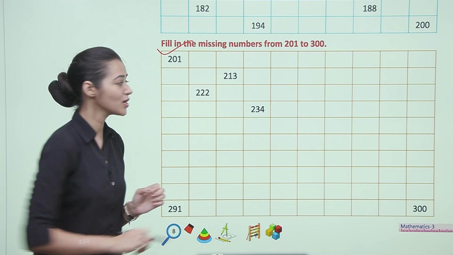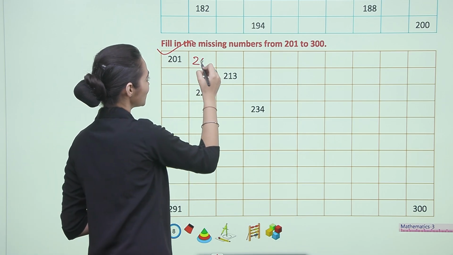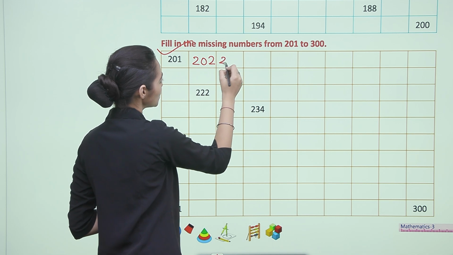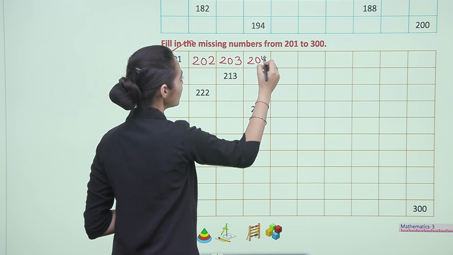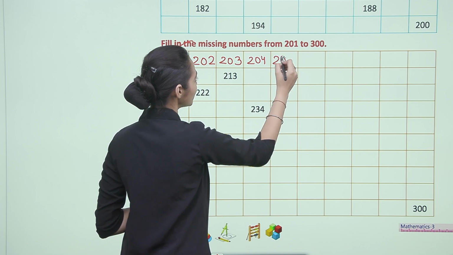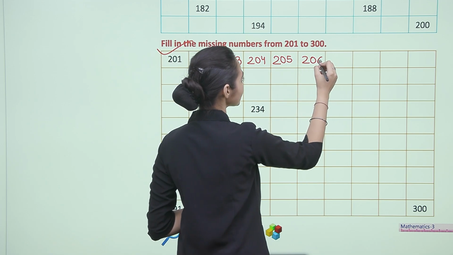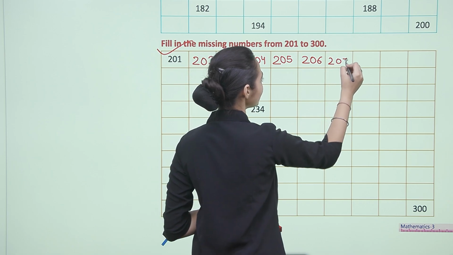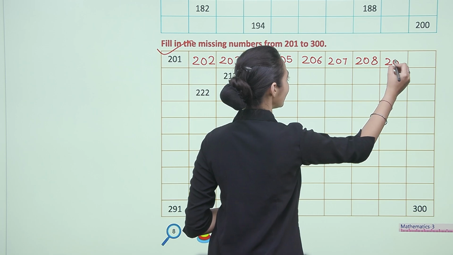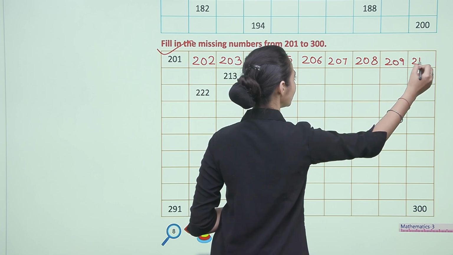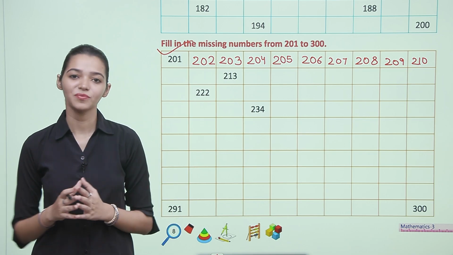Now let's start. 201, after that write 202, then 203, after that 204, next is 205, then 206, after that 207, then 208, 209 and 210. That's how you have to complete this table.